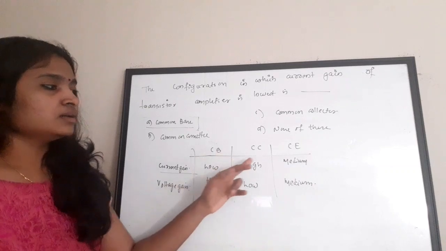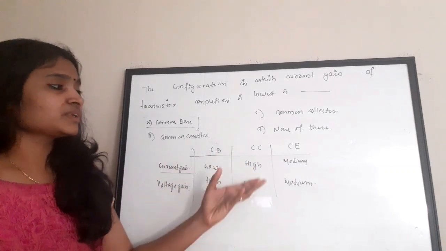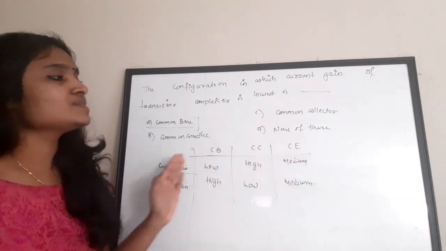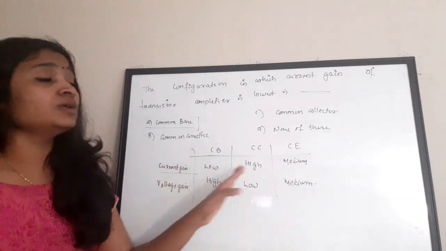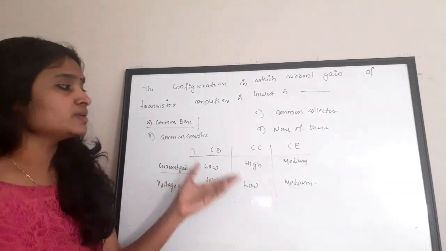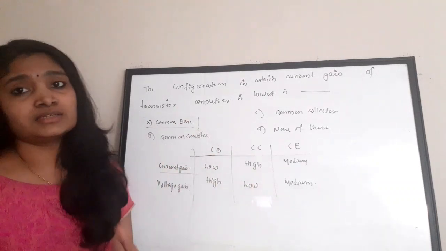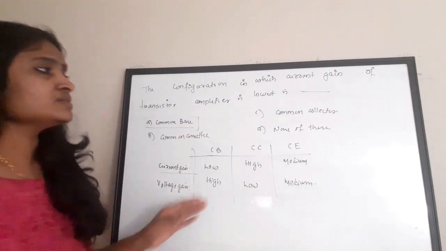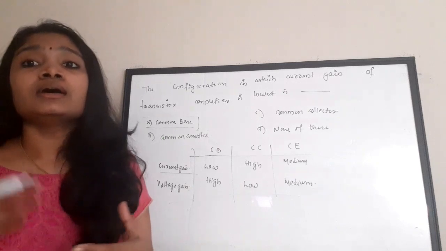If the current gain is highest, the voltage gain has to be low. So this is the chart for current gain and voltage gains for various transistor configurations, that is common base, common emitter and common collector. If you study this or note this down, it will be very useful because this relation is also very important.